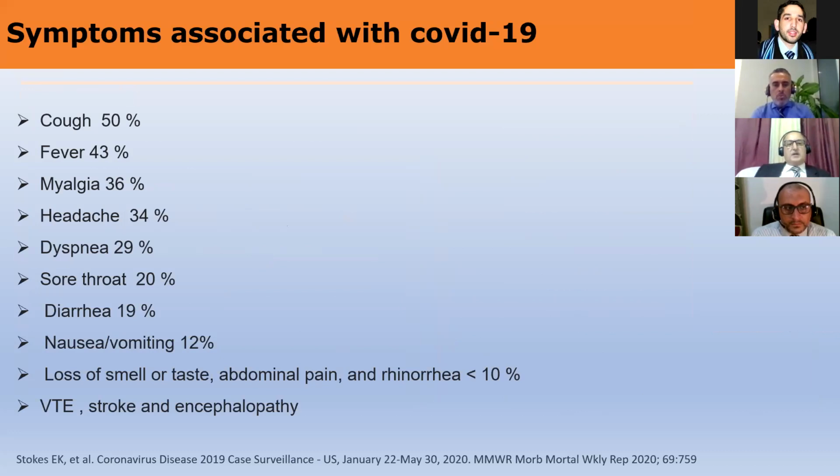Fever, myalgia and headache, dyspnea, sore throat, diarrhea, nausea and vomiting, loss of smell and taste, abdominal pain, rhinorrhea. Patients may present with venous thromboembolism, pulmonary embolism, TIA, stroke, and sometimes COVID encephalopathy.